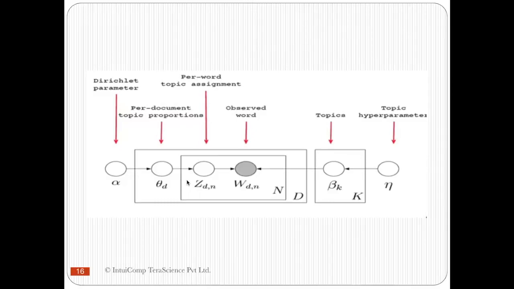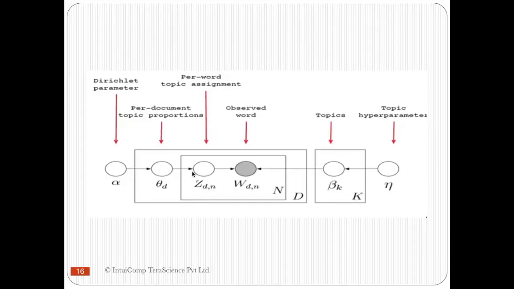What this means is that once we have the topic proportions in a particular document, for each word in the document, we can find out the topic corresponding to that word depending upon the probability distribution. We will look at this algorithm in much more detail.